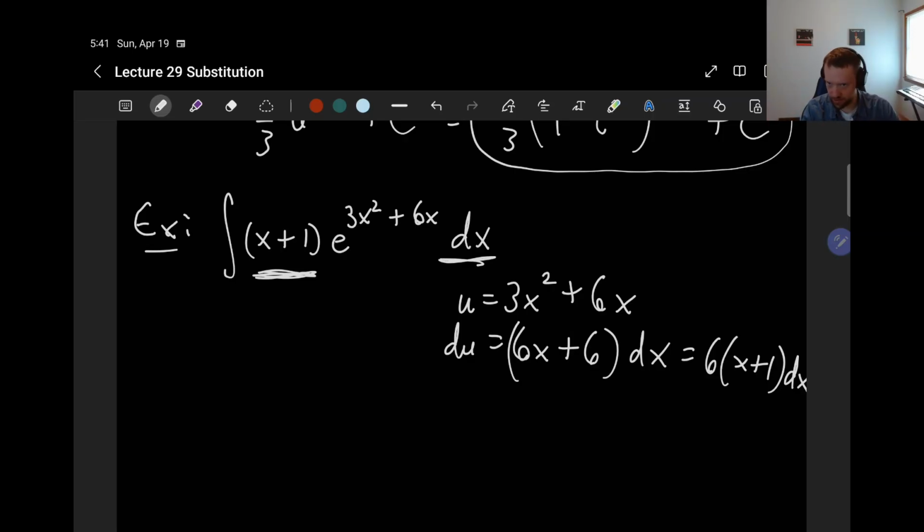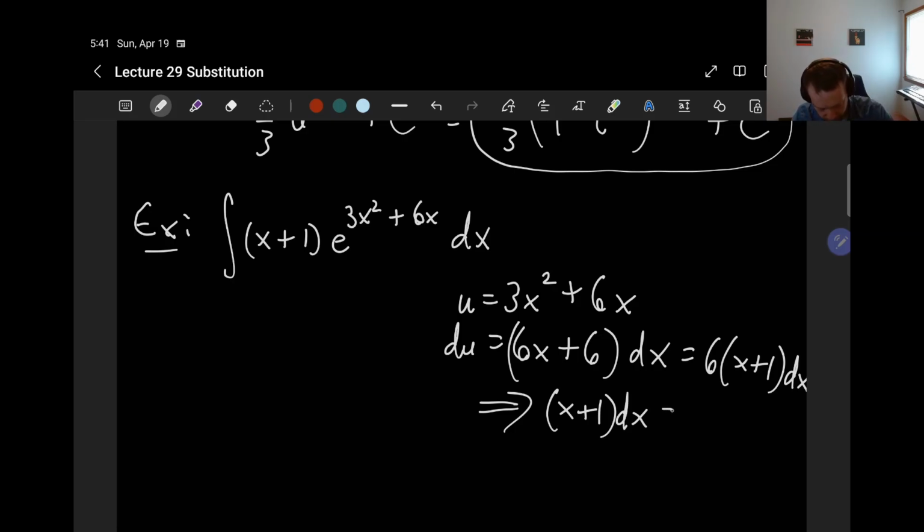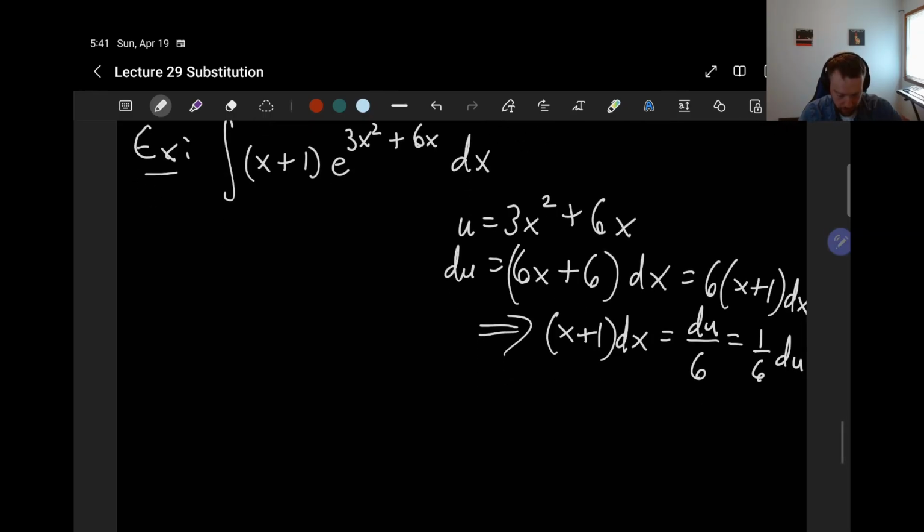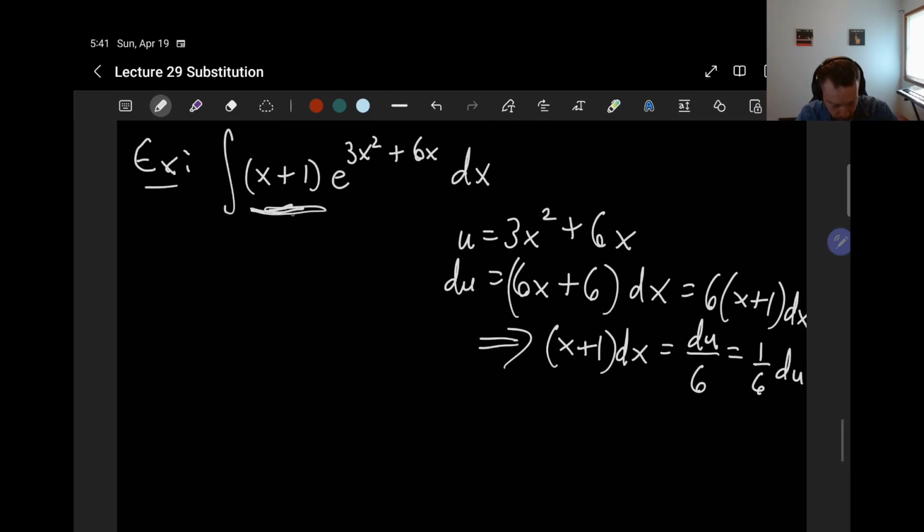There's no times 6 sitting out there. Well, we can overcome this hurdle by solving for the part that we do have. So I take du divided by 6, or 1/6 du. So we can make that work. So this part I'm underlining, that is 1/6 du.